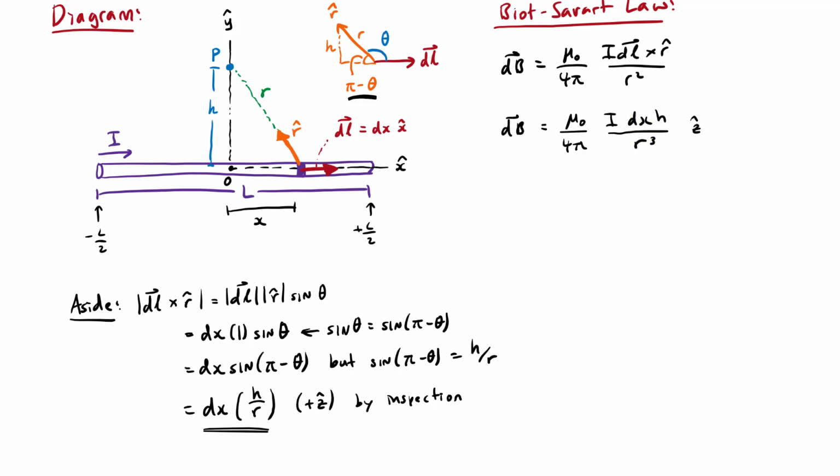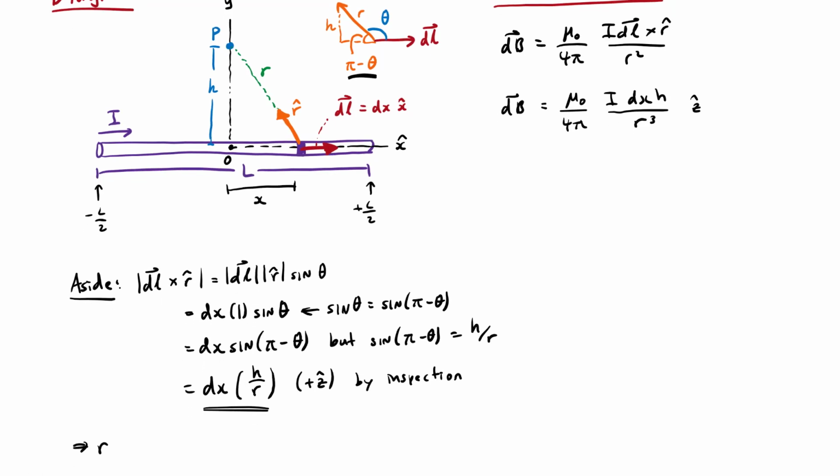So I'm going to go down here and say, I have my x and my h and then my r, so x squared plus h squared equals r squared. So that means r is equal to the square root of x squared plus h squared.